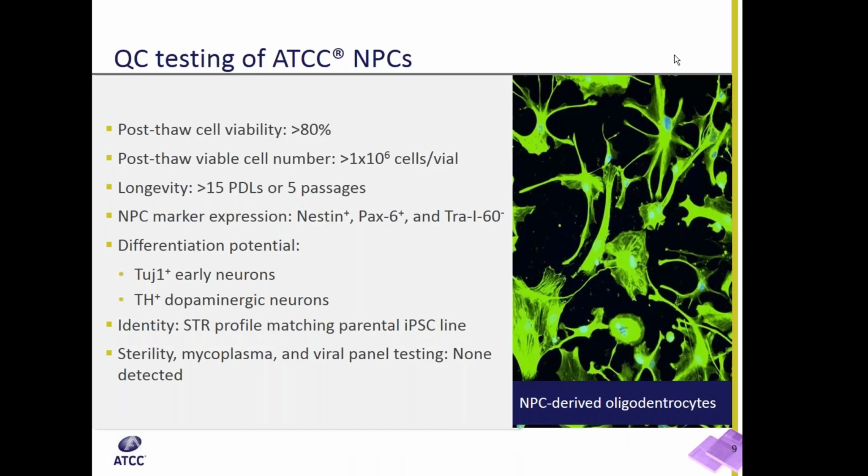I'd also like to point out that we perform full characterization of ATCC neural progenitor cells, such as post-thaw cell count, cell longevity, neural progenitor cell marker expression, and neuronal differentiation potential. We also perform standard cell biology QC testing, such as STR profiling, sterility, mycoplasma, and viral panel.